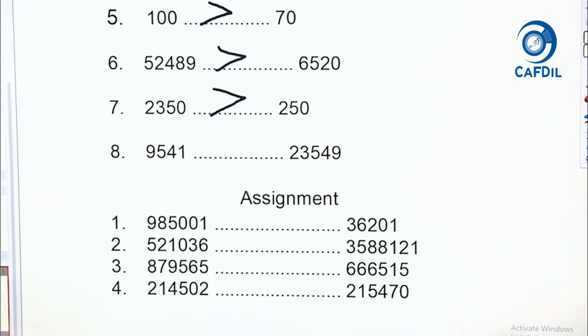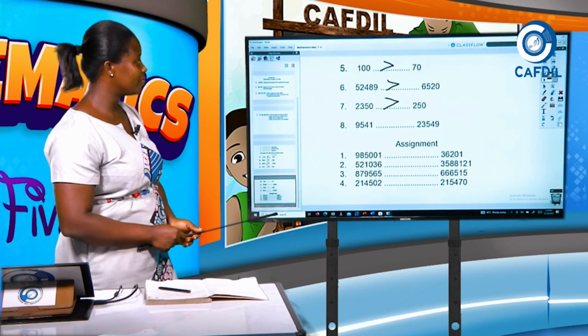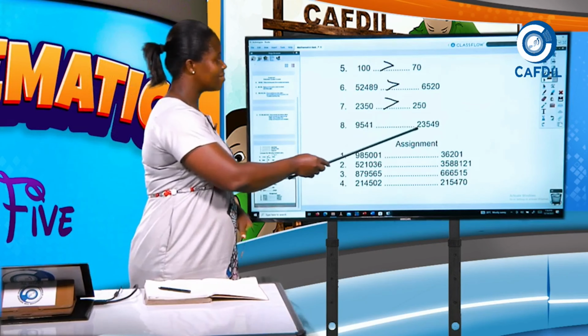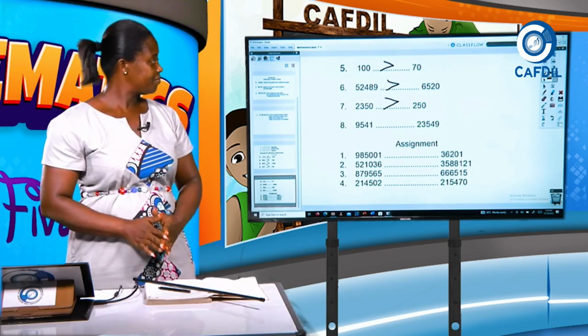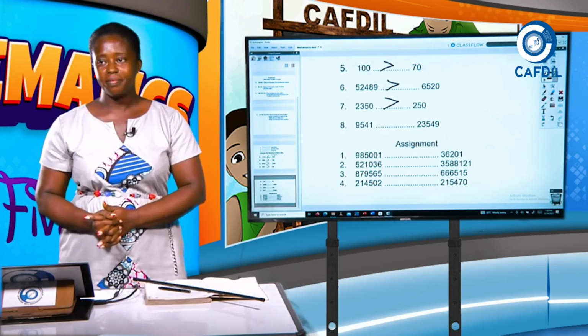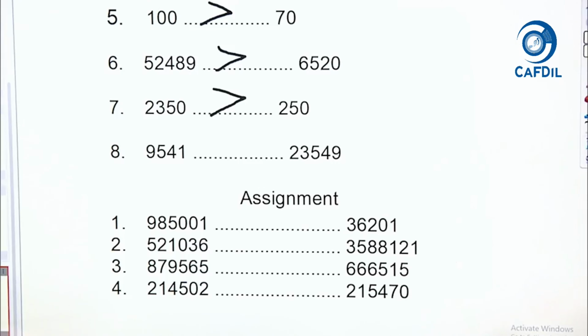Our last example, learners. Our last example. We have this and this. We are comparing. I will leave this for you to do it. When you are done, we will all do it together and then compare the answers.